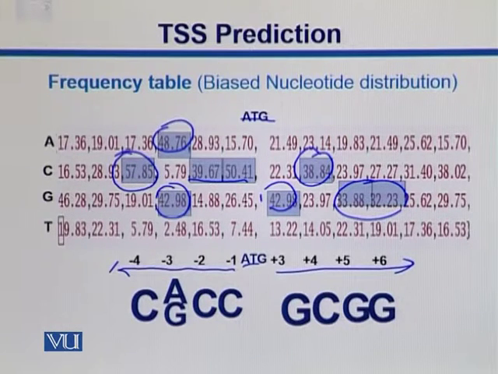There are some nucleotides which prefer to be there as compared to others which prefer not to be there. So if you are getting these kinds of frequencies, and you are getting some ATG, you might support your point that this is the true start site, or while looking into these frequencies you can expect that you can have a start site over there.